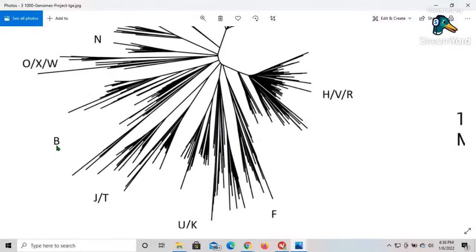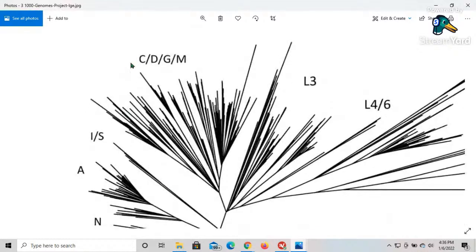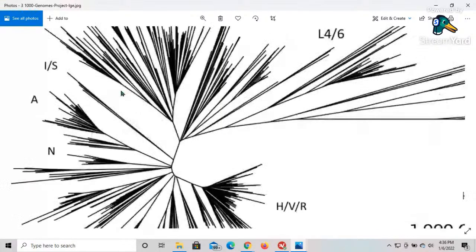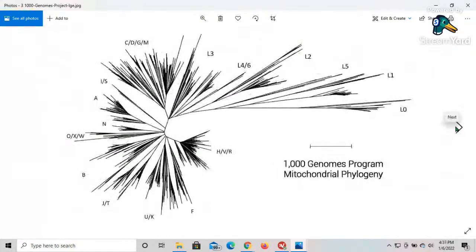This B is found in America, and this A is found in America. The C and the D is found in America. They just started naming them A, B, C, and D, and that's why they're all mixed up, because they didn't know what they were looking at, I guess, very much.